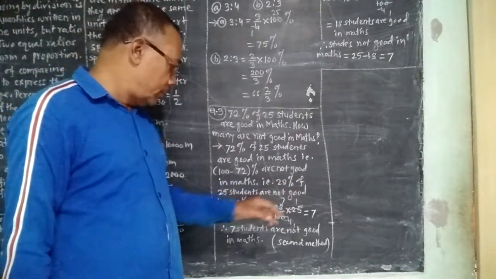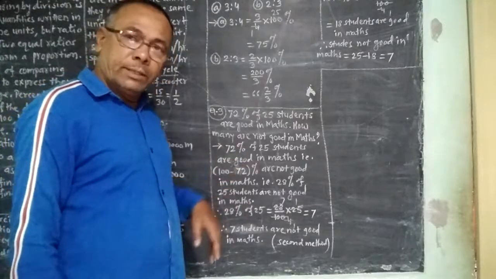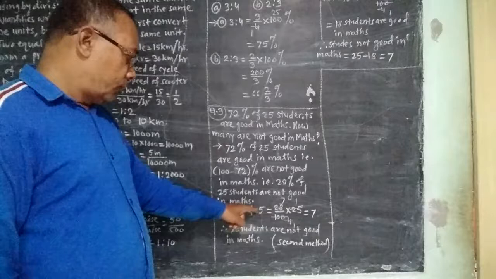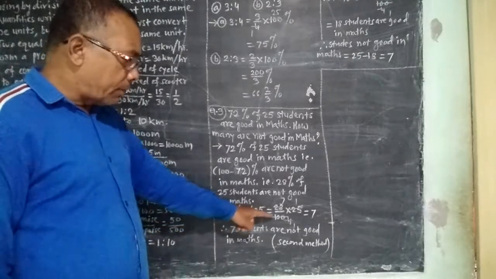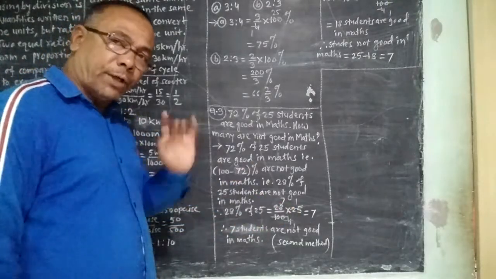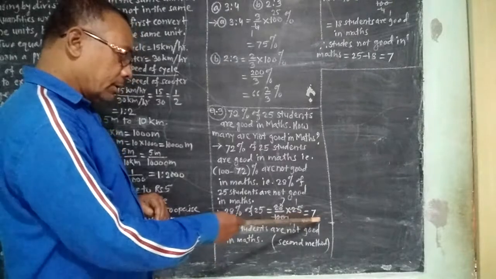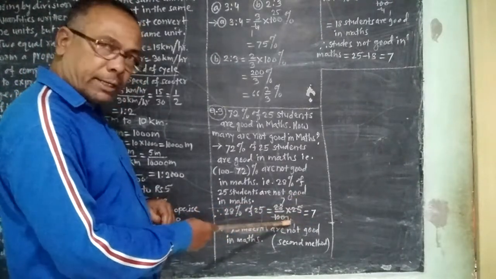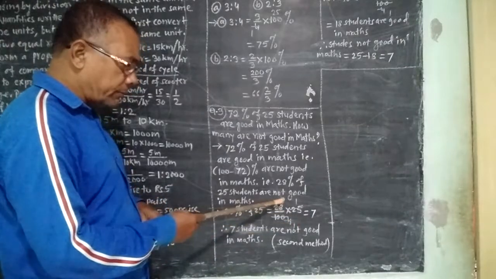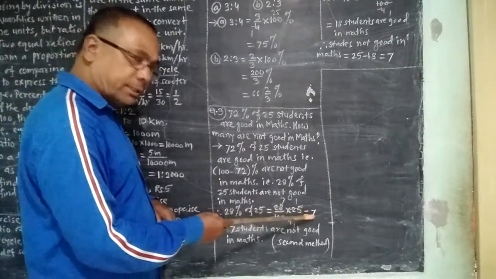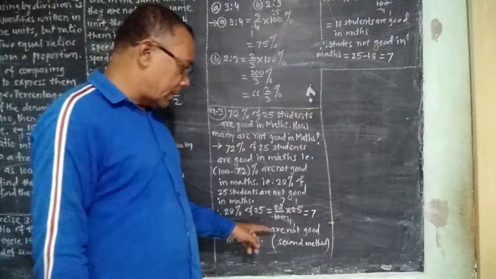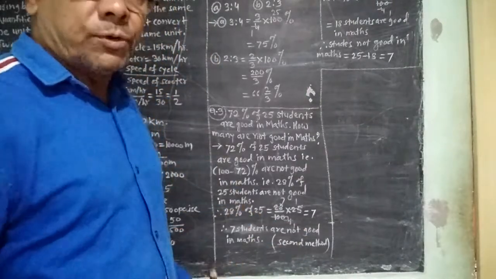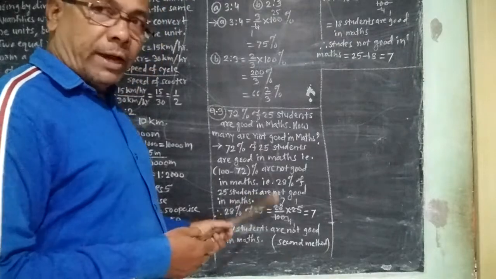Therefore we will find 28% of 25, and 28% means 28 upon 100 into 25. If we reduce here, 25 ones are 25, 25 fours are 100, again 4 ones are 4 and 4 sevens are 28, so our answer is 7. So 7 students are not good in maths. This was our first method of finding the answer.